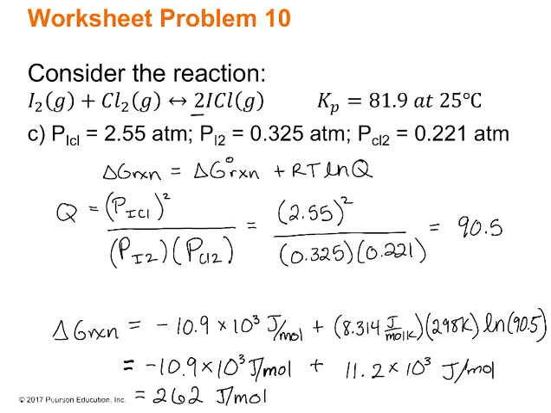Okay, so is this reaction spontaneous at these conditions? No, because delta G is positive, right? So that tells us that under these conditions, the reaction in the forward direction is not spontaneous.